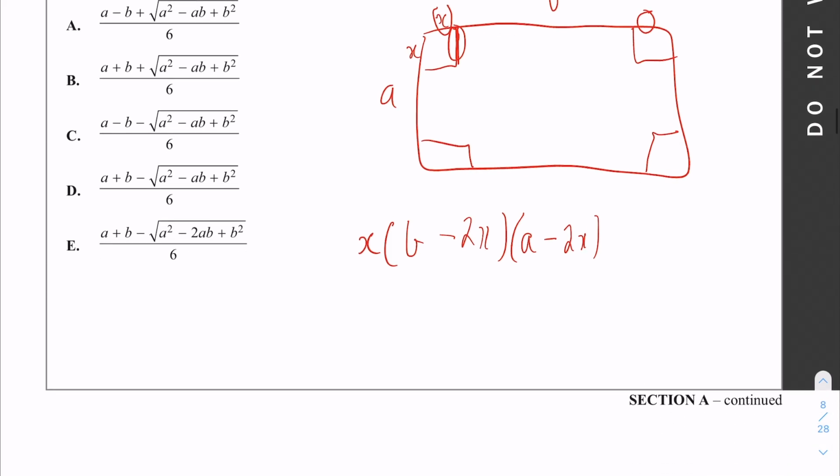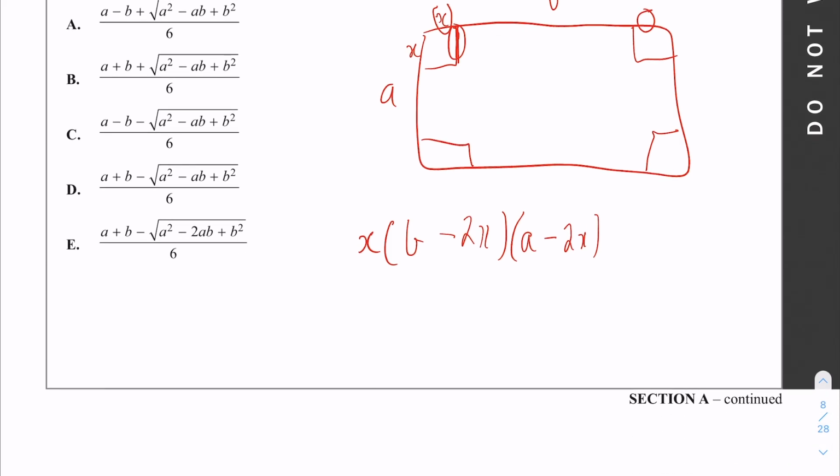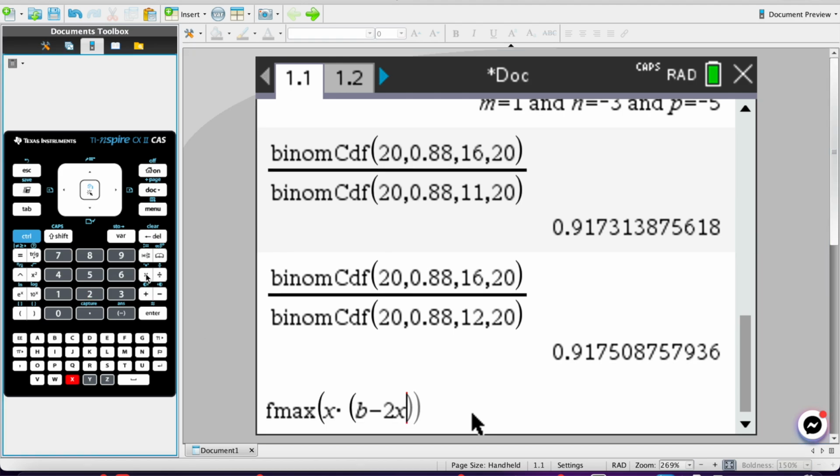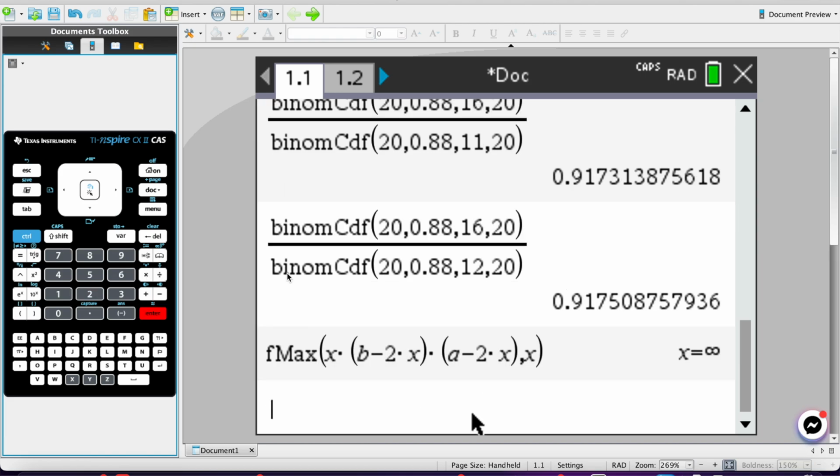So we just need to do an fMax on the calculator for this. I'll go back to the CAS once again. And we want fMax of x times (B minus 2x) times (A minus 2x), comma x.